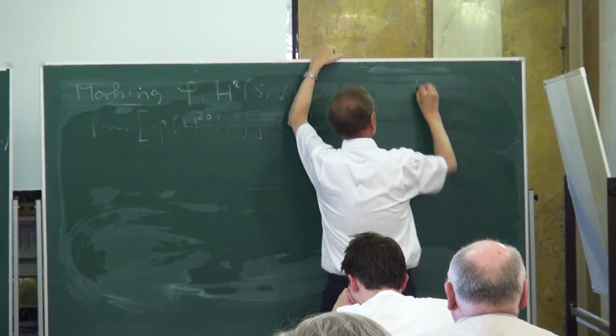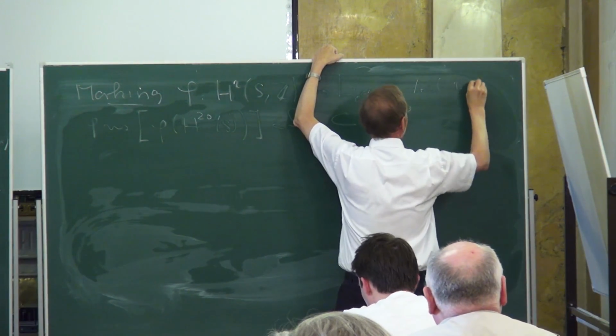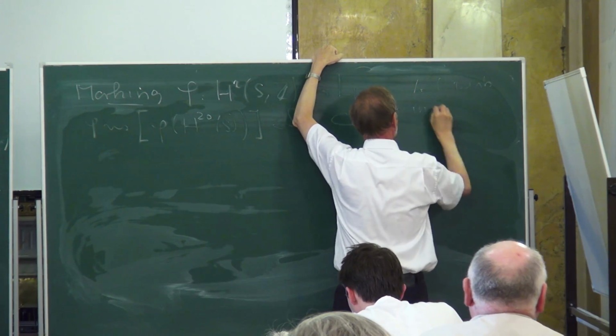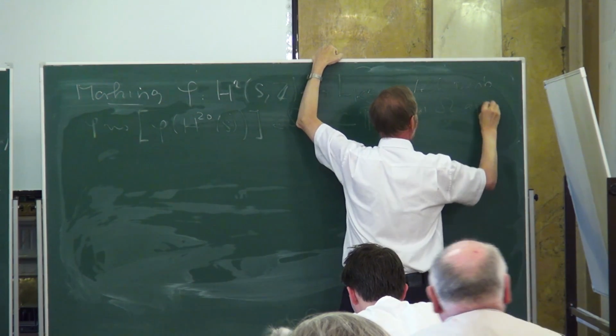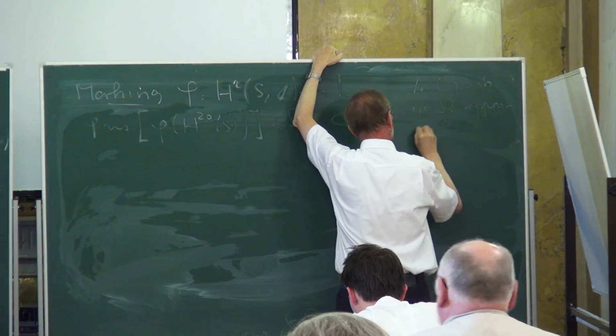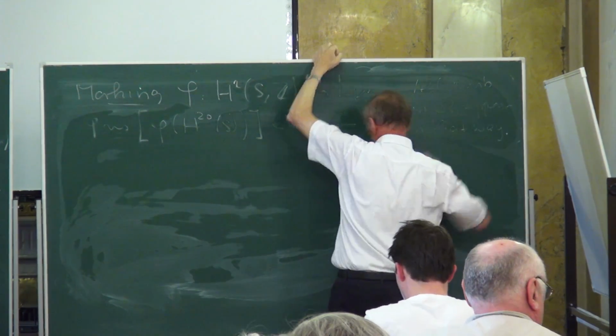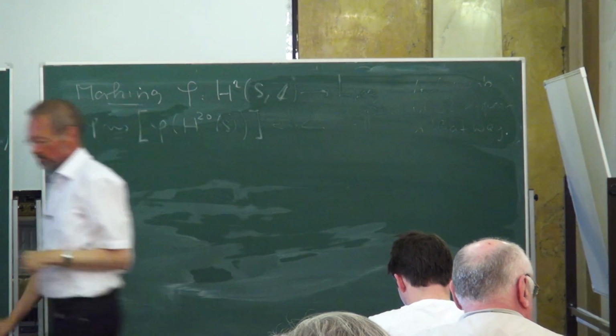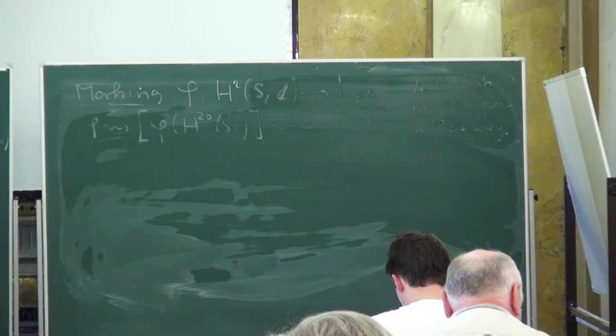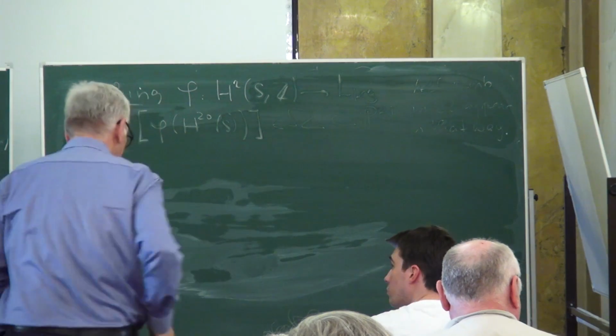And all points in omega appear in that way. That is the well-known surjectivity of the period map, which is due to Looijenga, Kulikov, and others.